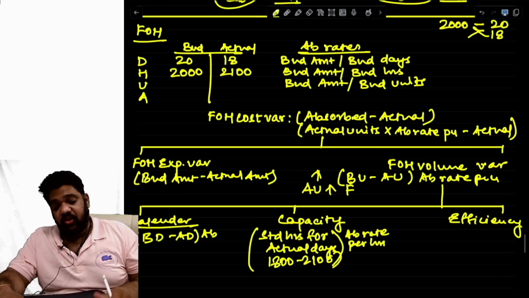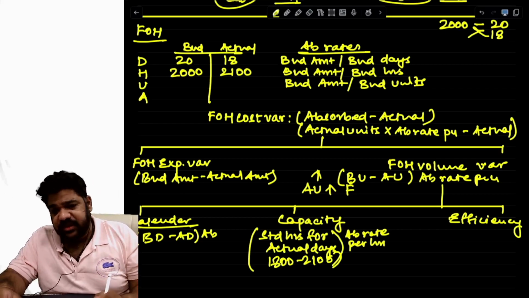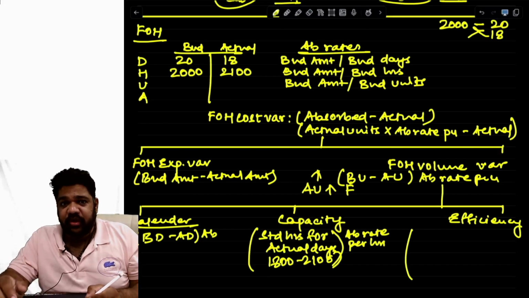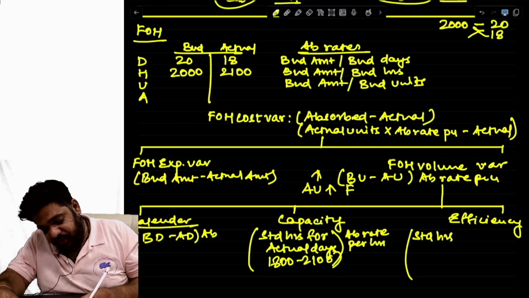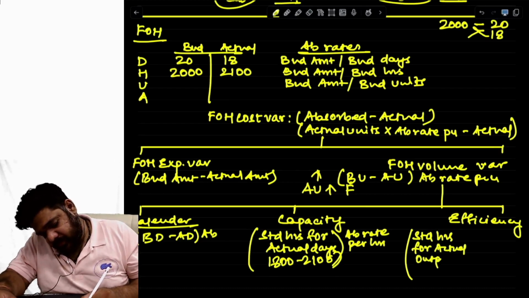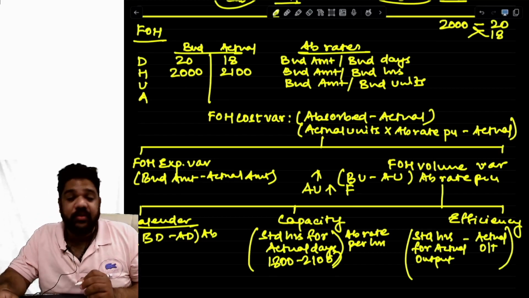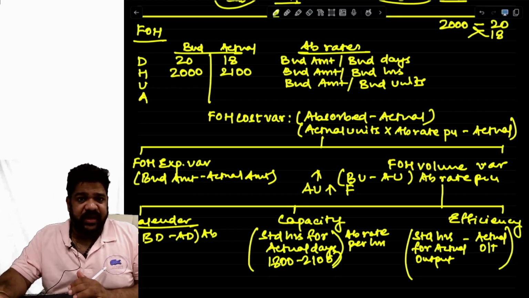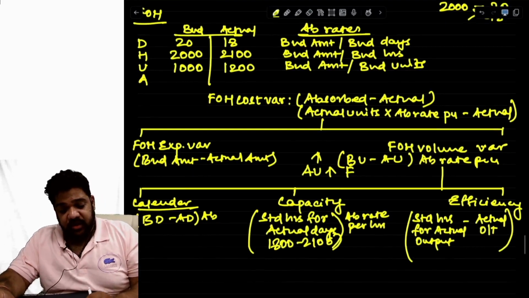Now, lastly, the efficiency variance. I'm going to come back to discuss the adverse and favorable. What do we write here? Standard hours for actual output minus the actual output. Now, what do you mean by that? Let's say these were 1000 units, and these are 1200 units.